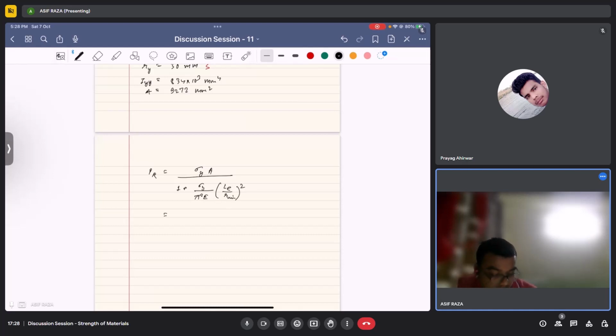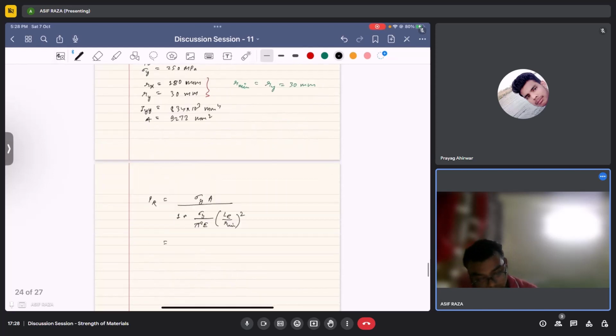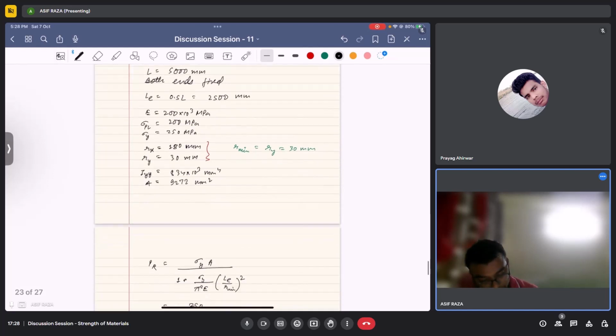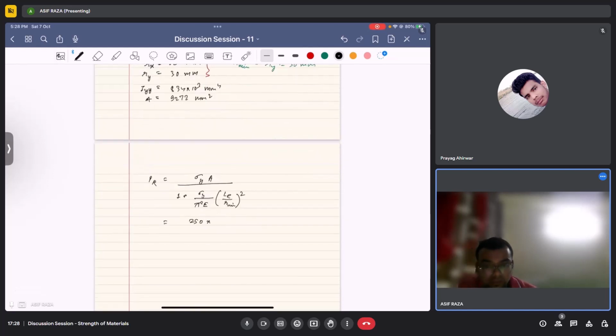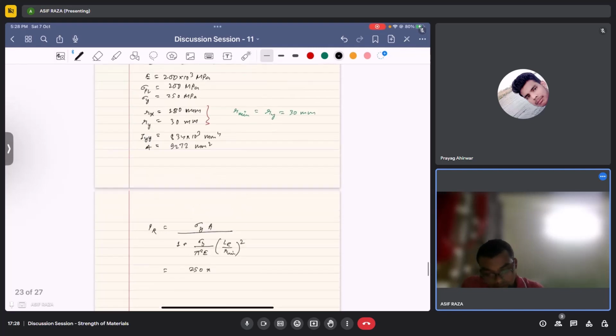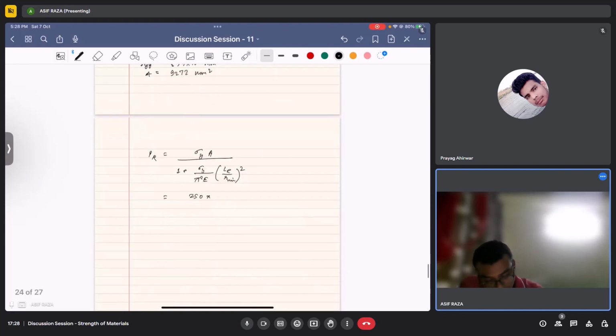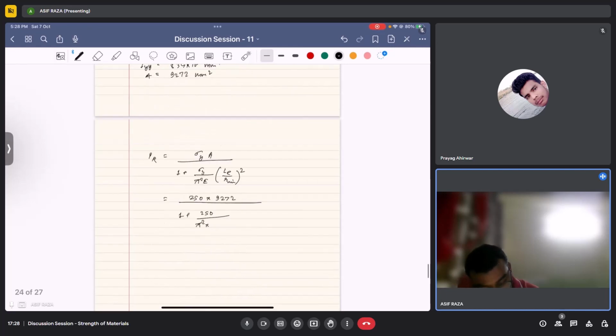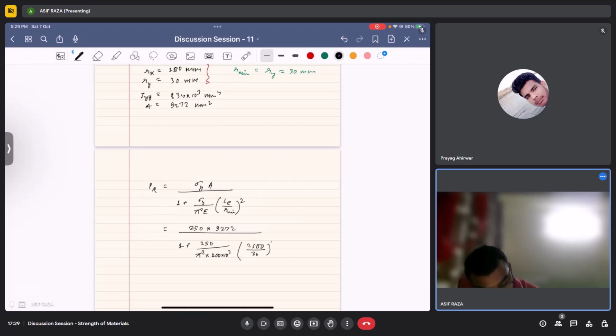Okay, let's do the calculations. So sigma Y is 250 into area of this cross section, 9272, upon 1 plus sigma Y is 250, upon pi square E, E is 200 into 10 power 3, into 2500, R minimum is 30, square.